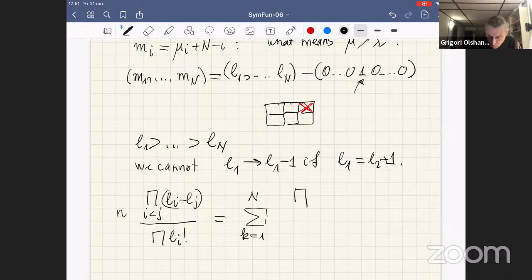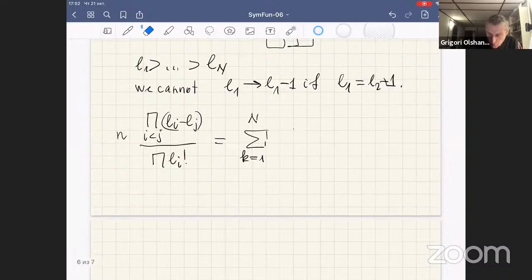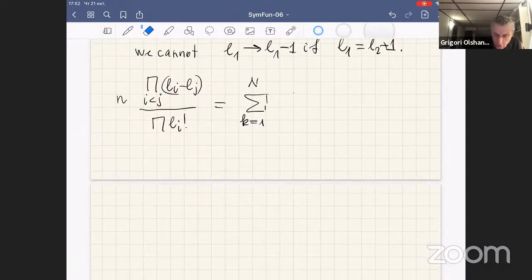And what I want now is to divide the right-hand side by the left-hand side. So I will write the result as follows.